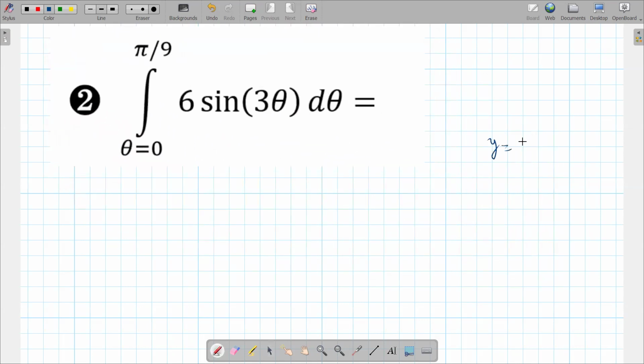So if y is cosine, y prime would be negative sine. So the integral of sine x is negative cosine x. And then you have to account for the chain rule component. But again, the inner function is linear. What's the integral of 6 sine 3 theta?